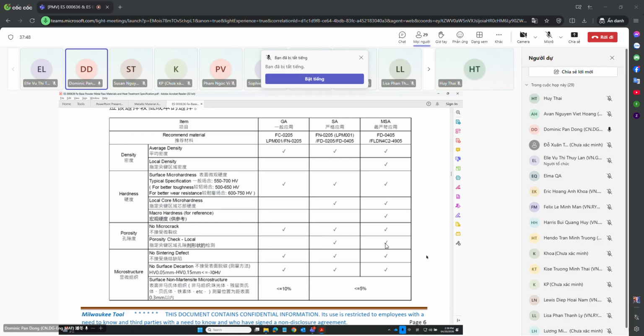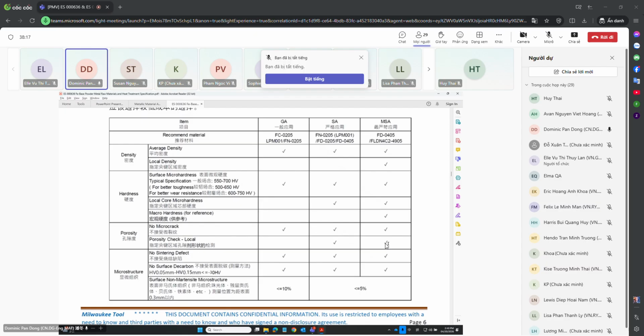For the density of the MSA, we not only require the average density, but we also define our spec on local density. That means every part, at every different location, we expect to get similar, consistent density.